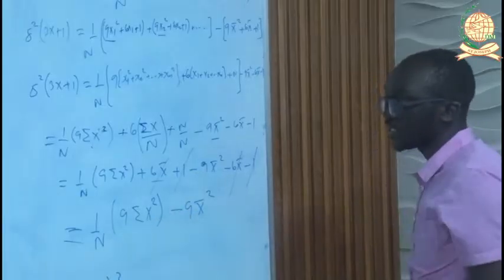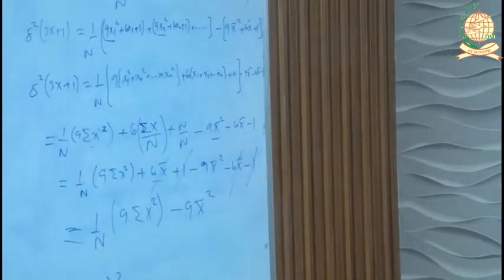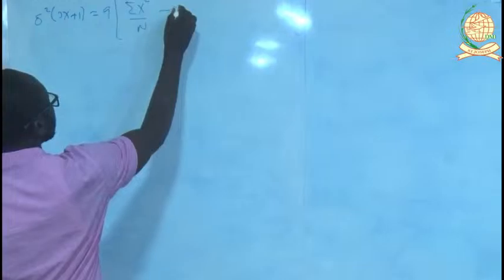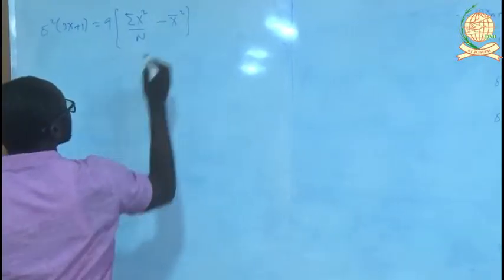But there is a common 9 here. So you can proceed writing that sigma square of my term 3x plus 1, factoring out 9 there, I'm going to have sum of x squared out of n minus x bar square. So you can see the picture.